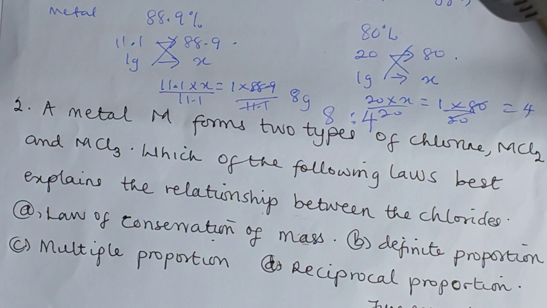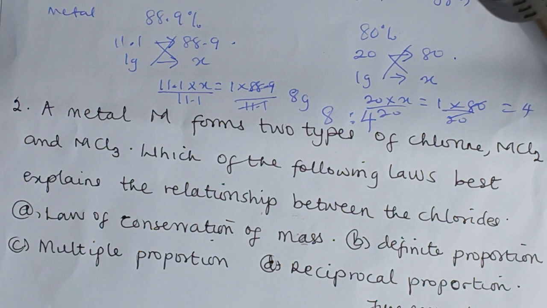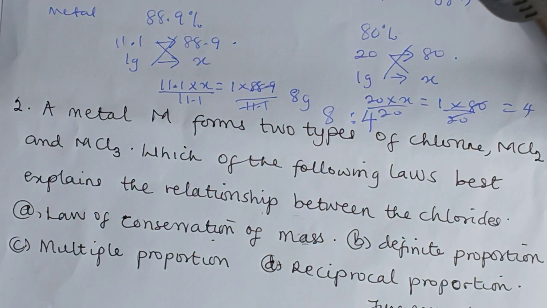Unlike the law of constant composition that only talks about the composition of the metal in the different samples, that they have almost the same mass, irrespective of where they are made or their sources. That is for the law of constant composition or definite proportion.